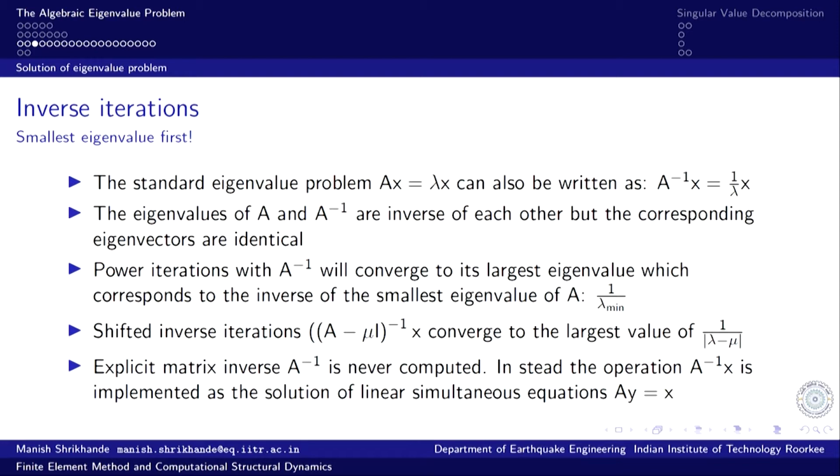Once we have the algorithms implemented for solution of simultaneous equations, these equations can be solved repeatedly, and at the end of each iteration the vector can be scaled and again started with a new right hand side vector.